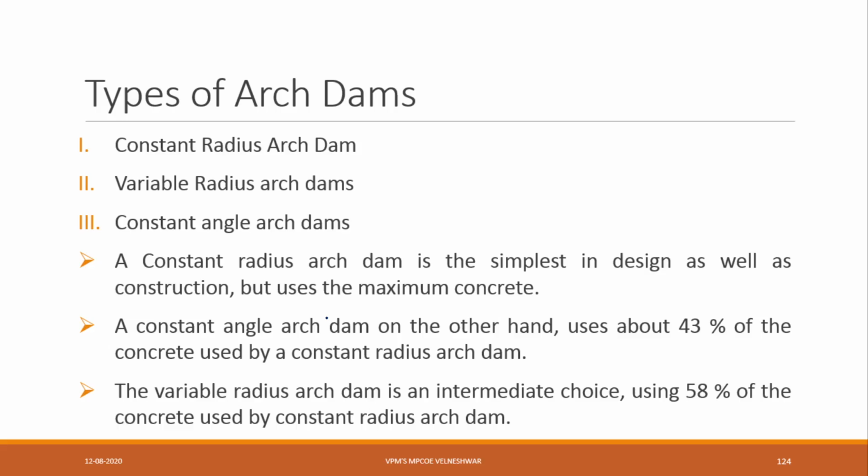Means what he is saying here: constant radius arch dam, what does constant mean? For suppose if I am starting here, the entire part will be the same, the radius won't change, the width won't change. But here what is happening is that more concrete will be used. For suppose see here, this much thickness is not required, but still we are providing that much radius.